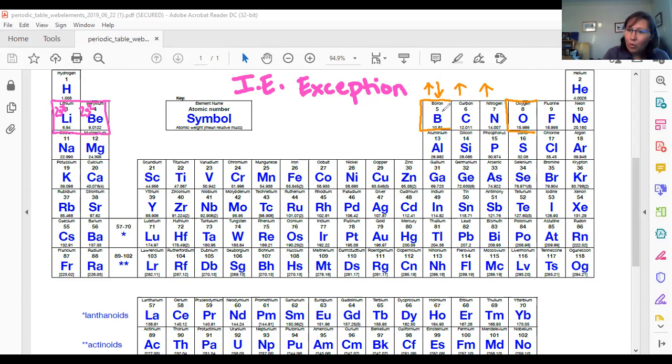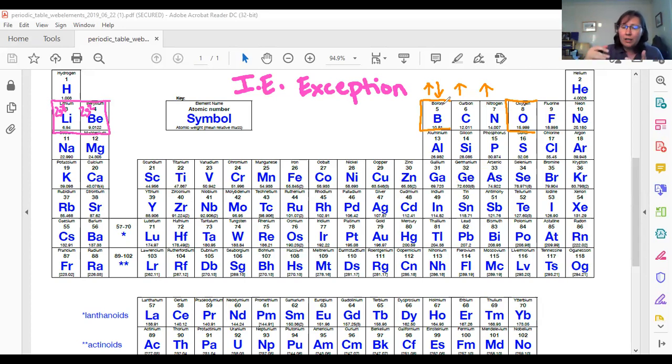And that's because when this boron electron is all by itself, it doesn't really have to worry about anything else there, and it's easier to remove it because it doesn't have a buddy. It's also that the 2s energy level is full and complete. And then boron's got this little thing up here in the 2p, and it's all by itself. It's easier to remove that.